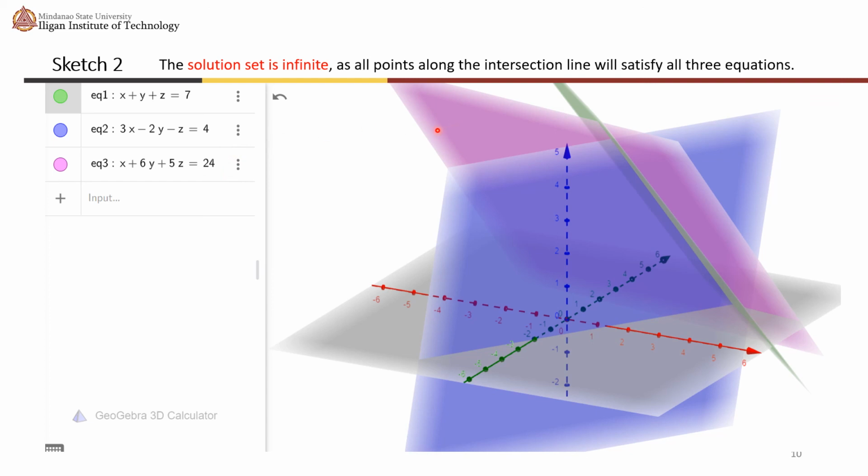For equation 1, we have the green plane here, and then equation 2, the violet plane here, and equation 3 is the pink plane here. Notice that the solution set is infinite as all points along the intersection line will satisfy all three equations.